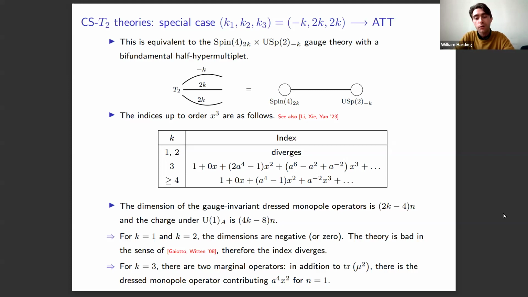But then the other contribution is due to the dressed monopole operator contributing a to the 4 x squared for n equal to 1. So you can see clearly that this gauge invariant dressed monopole operator does not contribute to our argument related to SUSY enhancement. Here we still have the coefficient at order x equal to 0 and the negative coefficient at order x squared equal to minus 1.